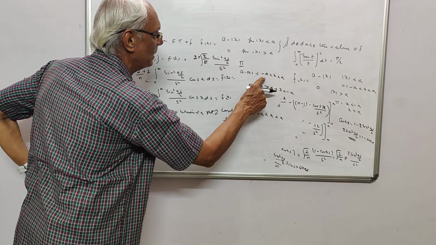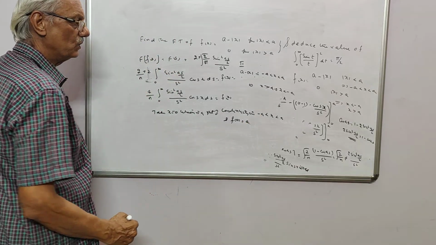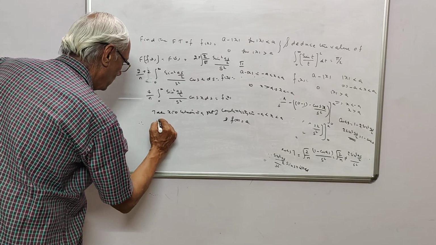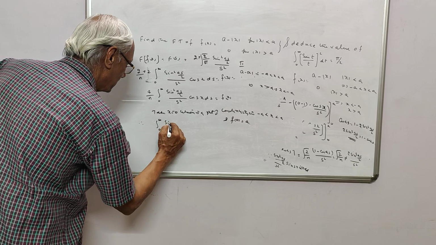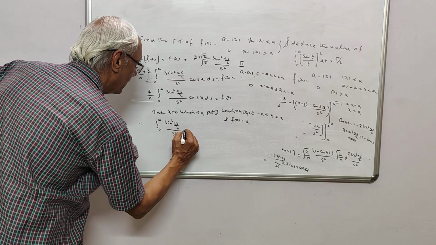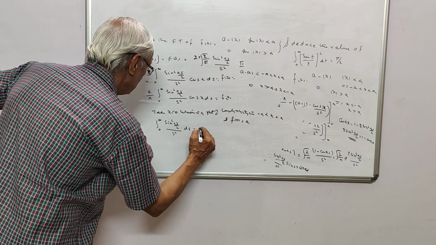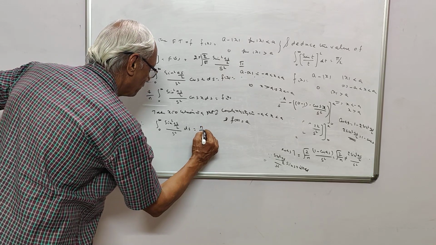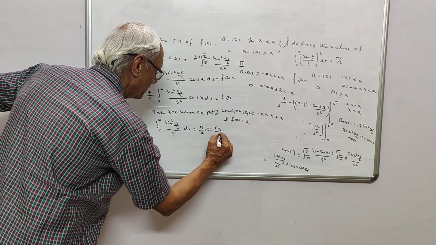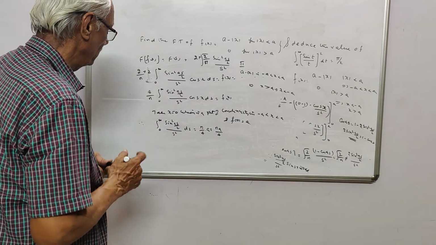What is your f of 0 here? F of 0 is equal to a. Therefore, I'll write here 0 to infinity sine squared as by 2 divided by s squared into this becomes 1, ds is equal to pi by 4 into a, that is pi a by 4. You get this pi a by 4.